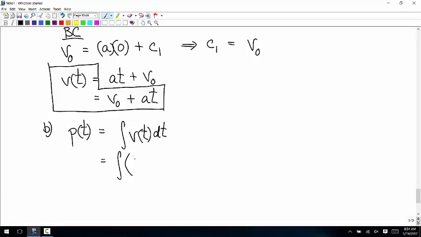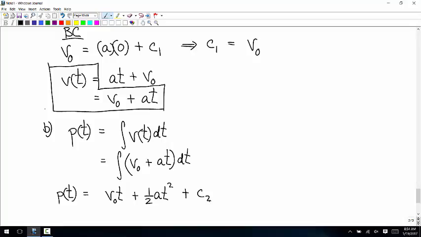So that's the integral of the quantity v0 plus at with respect to time. So the position is equal to v0t plus 1/2 at squared plus c2.